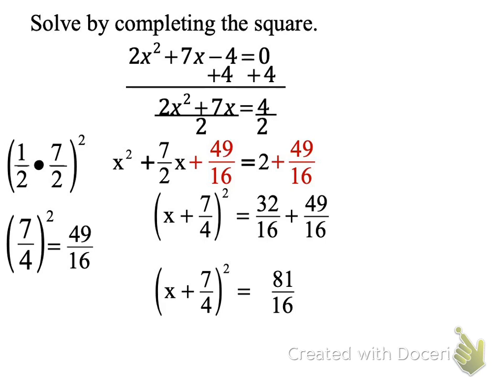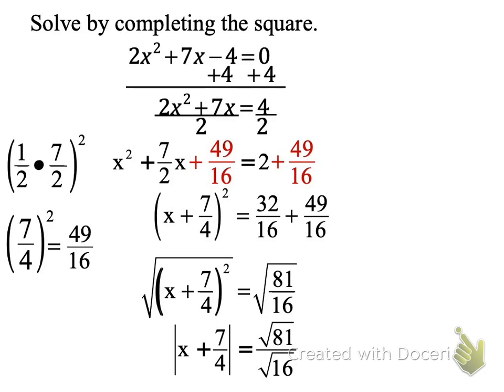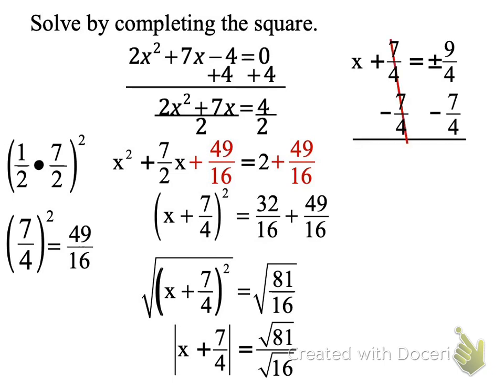Okay, so I'm rooting both sides. And on the left side, what are we going to get? X plus 7 over 4 equals 9 over 4. Perfect. And then to lose the absolute value, we set this to the positive or negative. What would I do next, Julia? You subtract 7 over 4 from both sides.